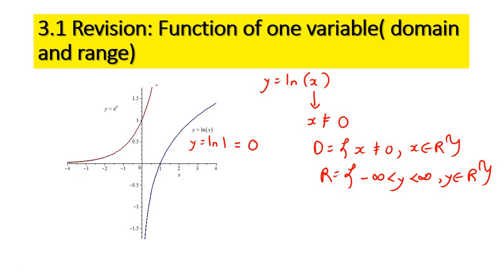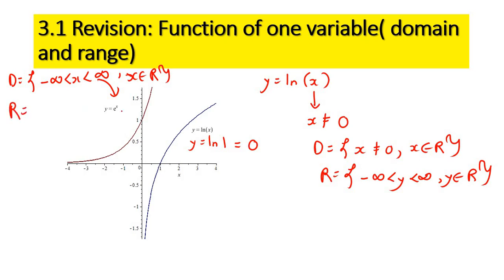And for the graph of y equal to exponent x, x actually has no restriction. x can take up all the values, but for plotting purposes we just plot here. So for y equal to exponent x, the domain is x from negative infinity up to positive infinity.